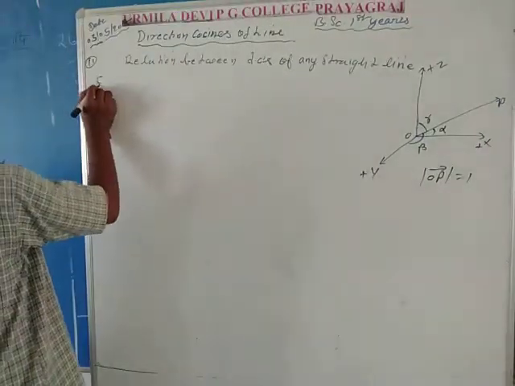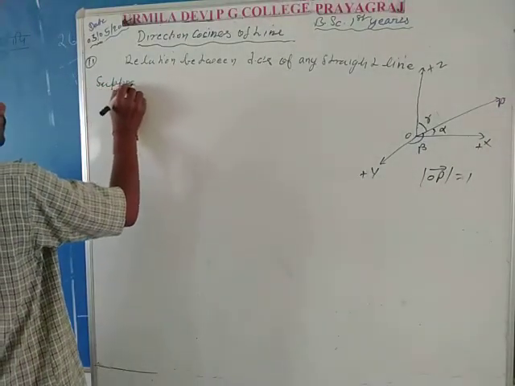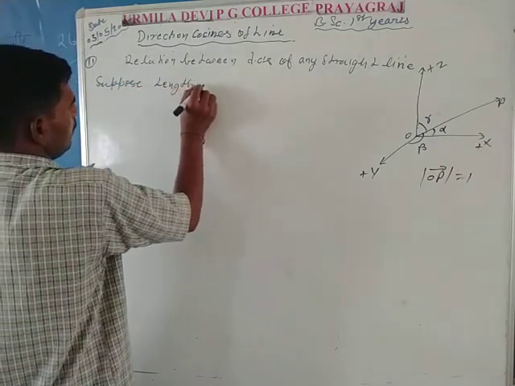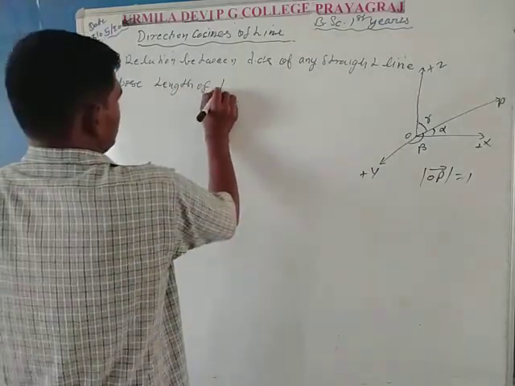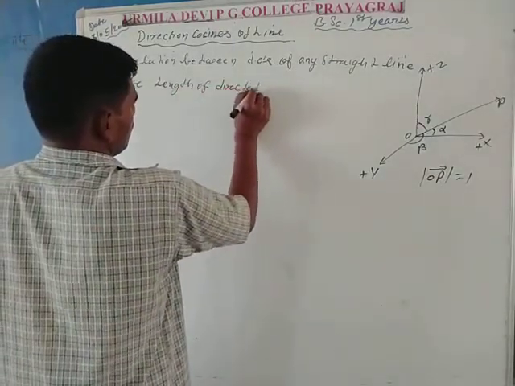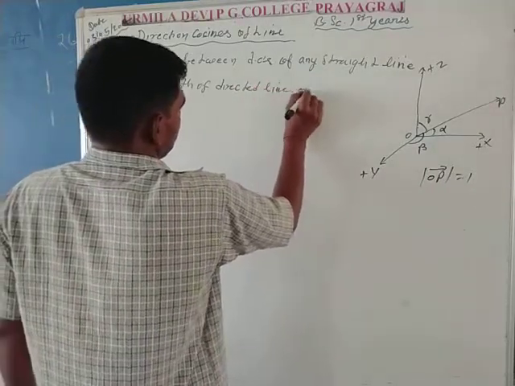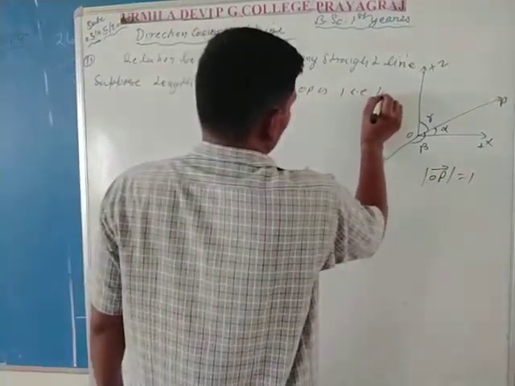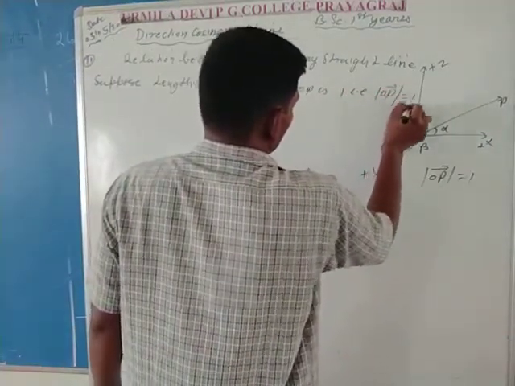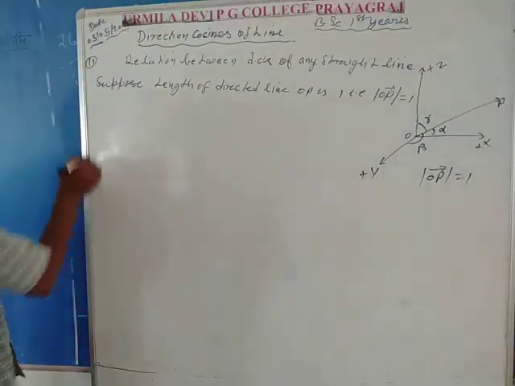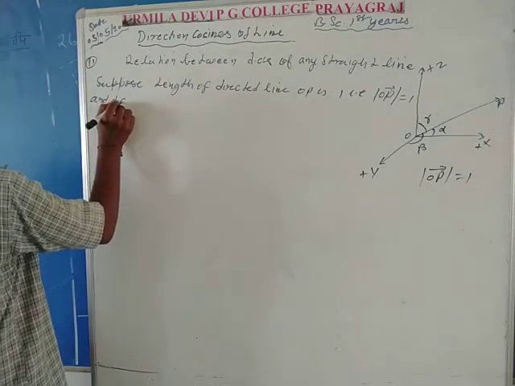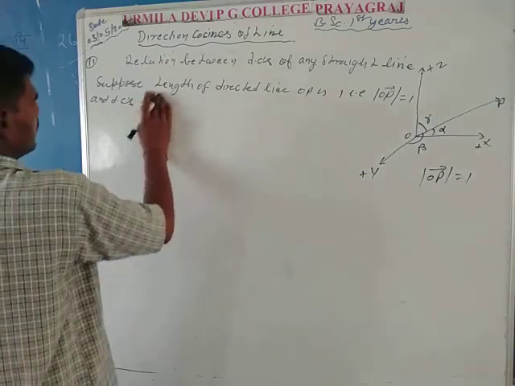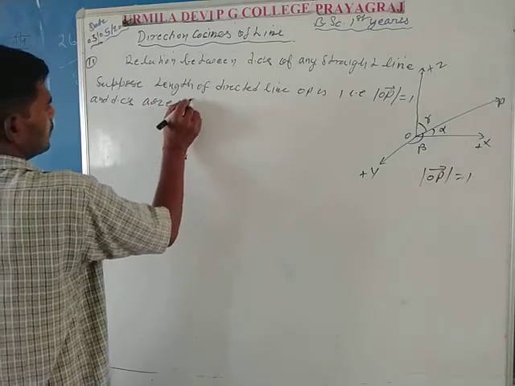Suppose that the length of the directed line OP is 1, that is, mod of vector OP is equal to 1, and the direction cosines of the straight line OP are small l, m, n.